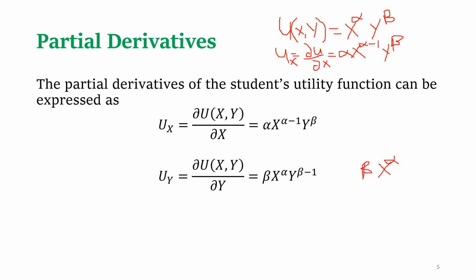X to the alpha, and then y. Do we just have to write beta? No, we don't. We have to say beta minus 1, because that is the rule. You always subtract 1 from the exponents, right? So this is the derivative, the partial derivative, and that is the marginal utility.